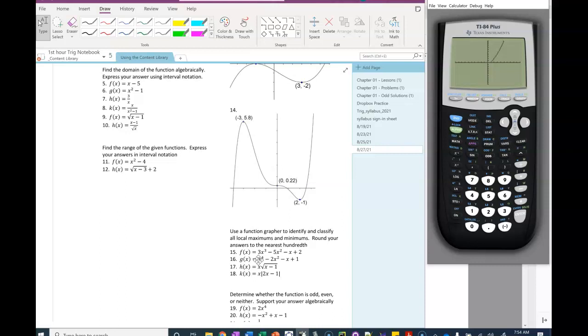Because I can't square root anything less than 0. You buy that? And hopefully it's pretty clear seeing there that value would be 1, the smallest x I could plug into that square root. So you guys buy that. So the x coordinate is 1, and when I plug that in, the y coordinate I get then is 0. So 1, 0 is the coordinate there.